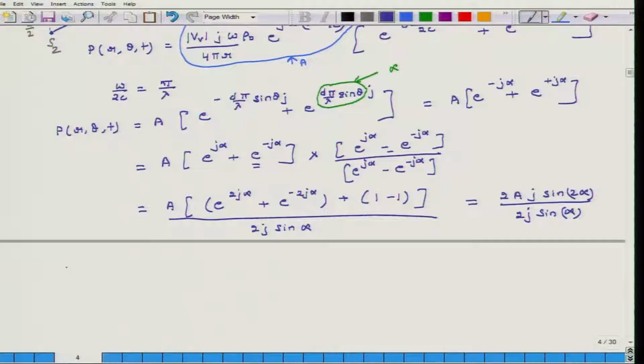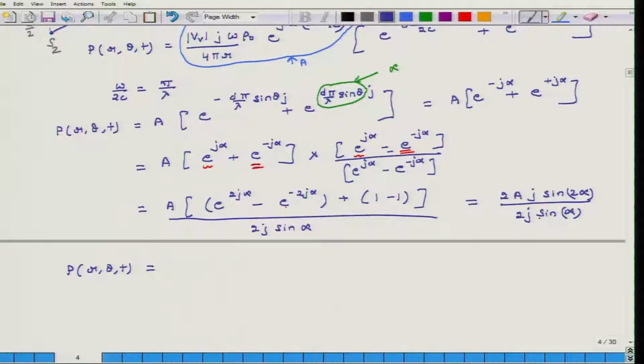So, P of r, theta, t. When I was doing this multiplication, there should be a negative sign, because when I multiply this term with this term, I get the second expression, and there is a negative sign there.